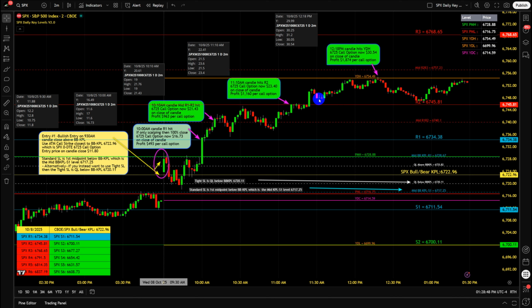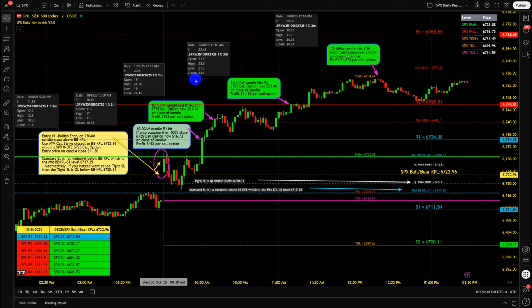Whether you want price to make that decision for you as you keep adjusting your stop loss and adding more and more profit buffer, and eventually when price retraces, it'll just take it out, or you can simply have another level in mind, such as this YDH level in today's session, or the mid R2, R3 level, or the R3 level.